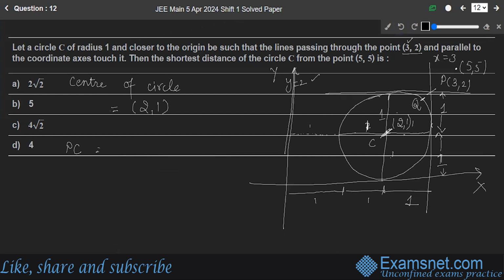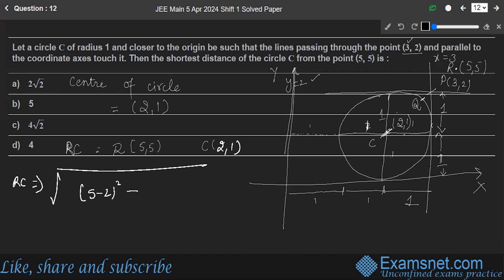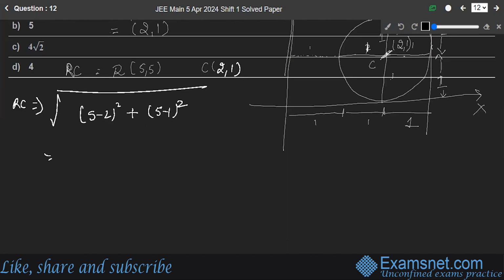This is Q and let's say this is R. I want to find out RC. R has the coordinates (5, 5), given in the question, and C has the coordinates (2, 1). So RC will be given by root of (5 minus 2) square plus (5 minus 1) square. This will be 3 square, which is 9, plus 4 square, root of 25. RC came out to be 5.